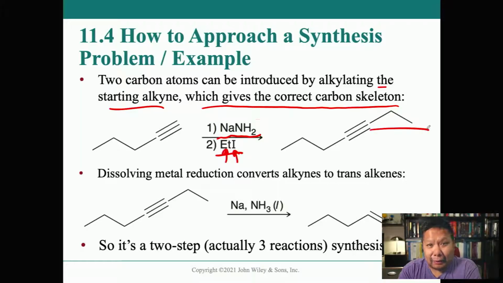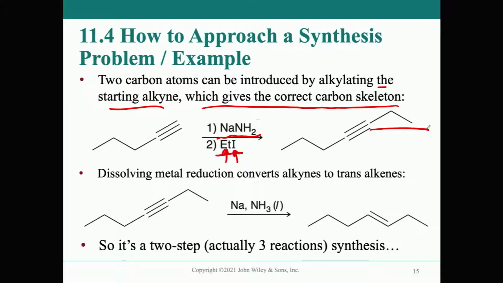And then we want to change an alkyne to a trans alkene. Easiest way to do that is a dissolving metal reduction with liquid ammonia, and we can get there, right? So it's a 2-step, but actually it's a 3 reaction synthesis.